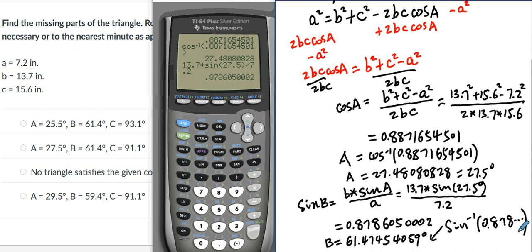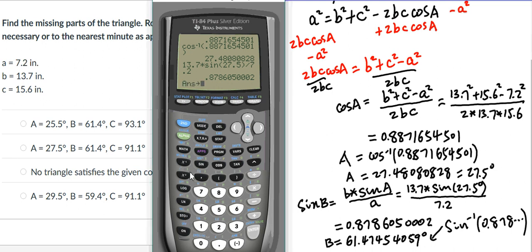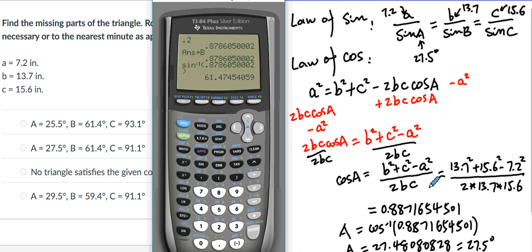You'll get this many degrees. Let me store this value in memory B. Then when I do sine inverse, I can recall memory B, close bracket, hit enter. So I have 61.4745.